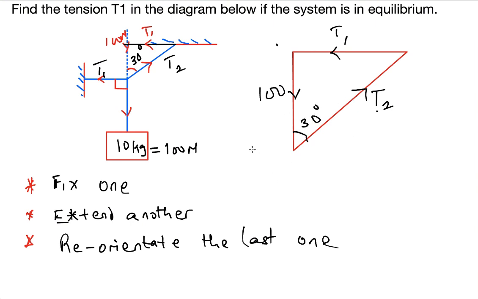From this place now, we are looking for T1, but we can actually find both of them here. If this angle is 30 degrees, then T1 is the opposite of 30 degrees and 100 is the adjacent.